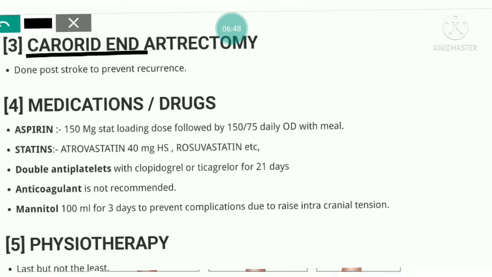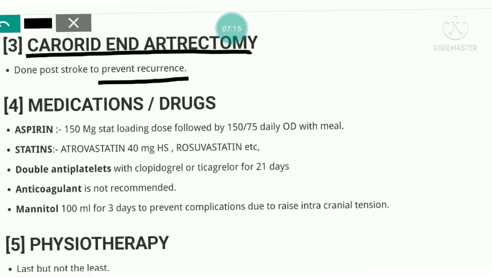Majority of the time, CV stroke is due to artery to artery embolization. Carotid artery is the main source of the thrombus. So we can do carotid endarterectomy for prevention of recurrence of CV stroke.